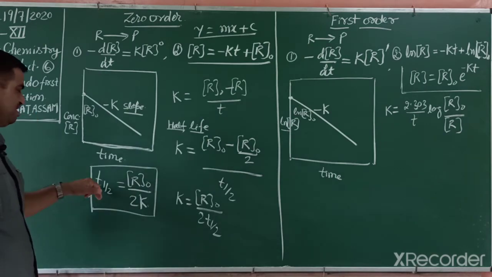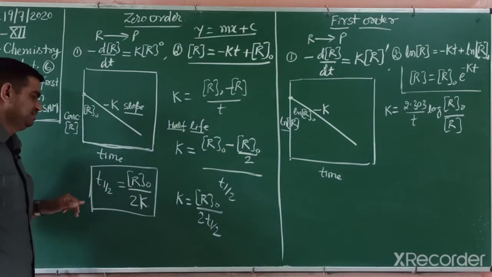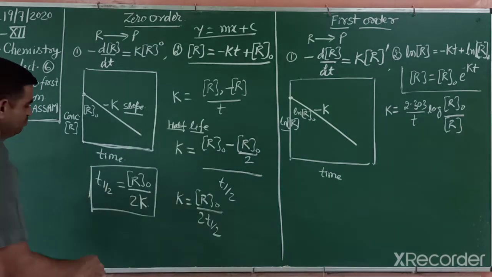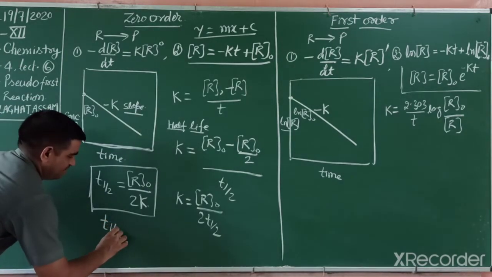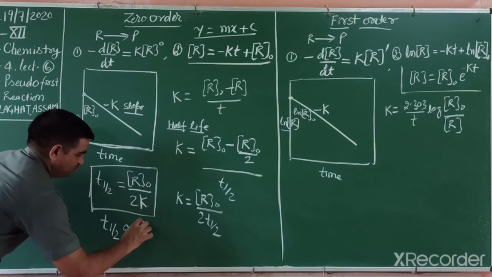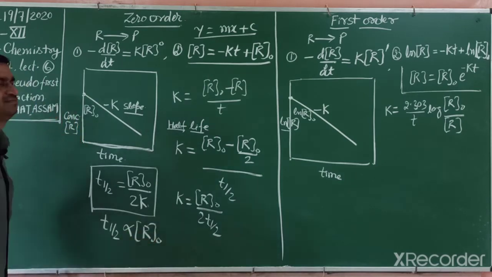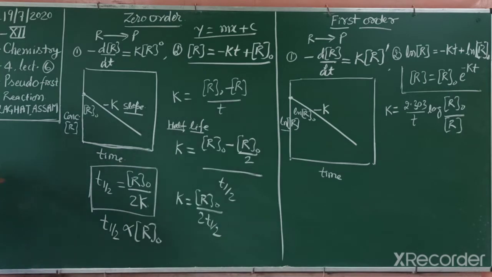We can write that half-life for a zero order reaction is directly proportional, or we can explain T half is directly proportional to the initial concentration. We can plot this by a graph of half-life and concentration. If you write half-life on this side, time, and concentration on this side, it is directly proportional.